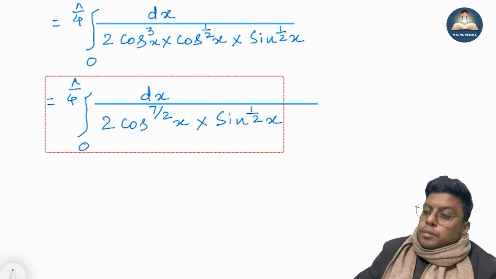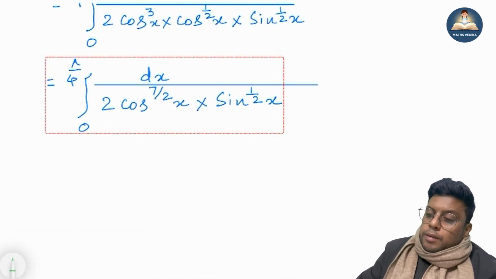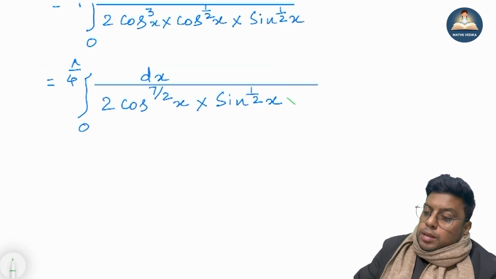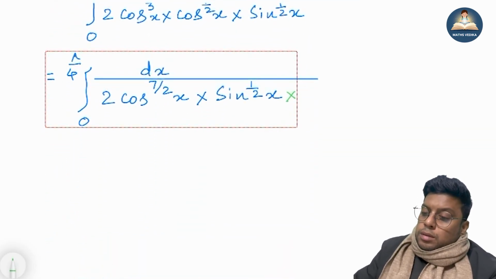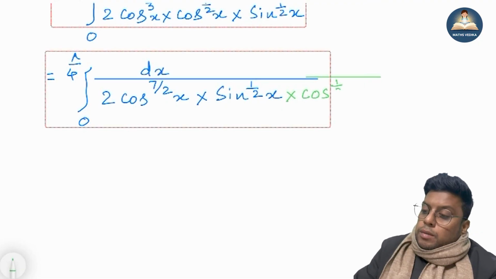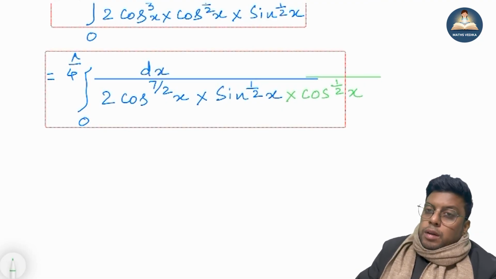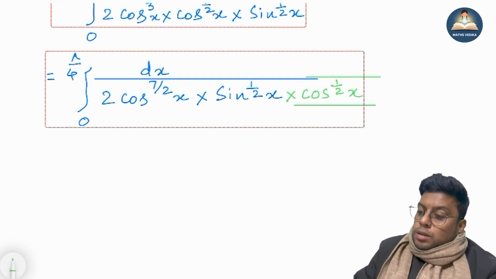Now let's multiply this denominator by cos half x. Then we need to divide it by the same so that the value does not change.